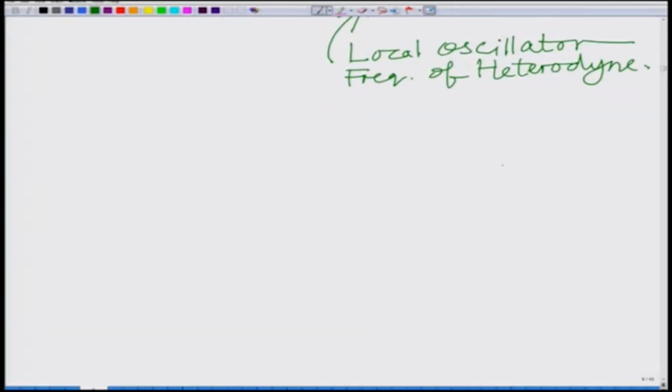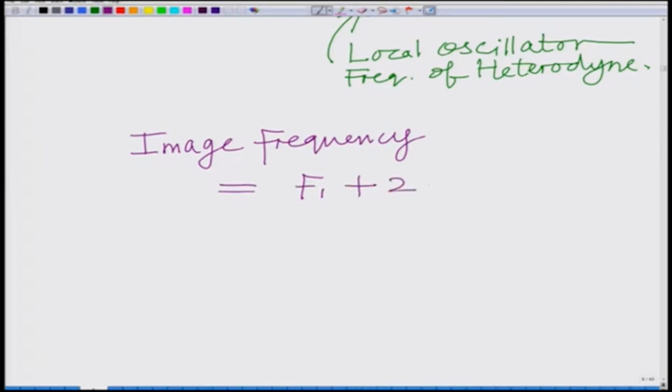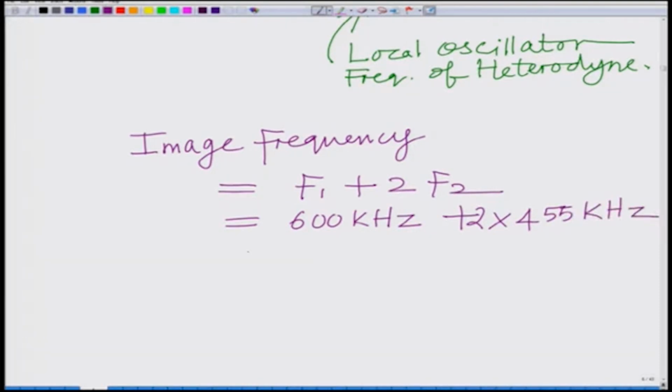The image frequency corresponding to this is f1 plus 2 f2, that is equal to 600 kilohertz plus twice 455 kilohertz, which is 1510 kilohertz.